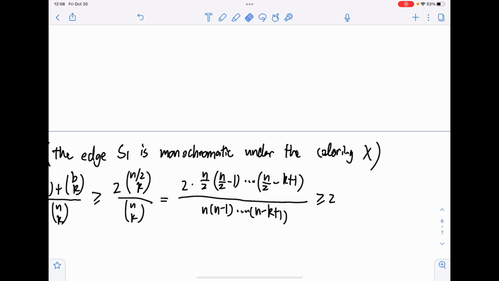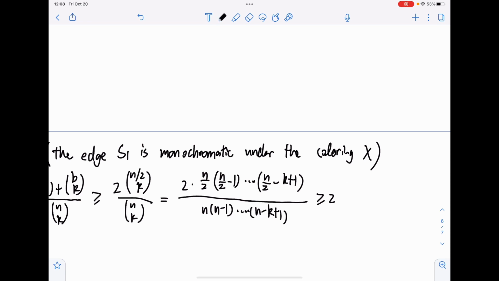You can see that in the very beginning we set n equals k squared, so it is 1 minus k minus 1 over k squared minus k plus 1 to the power of k, and greater than or equal to a constant times 2 to the power of minus k, for some constant c greater than 0.